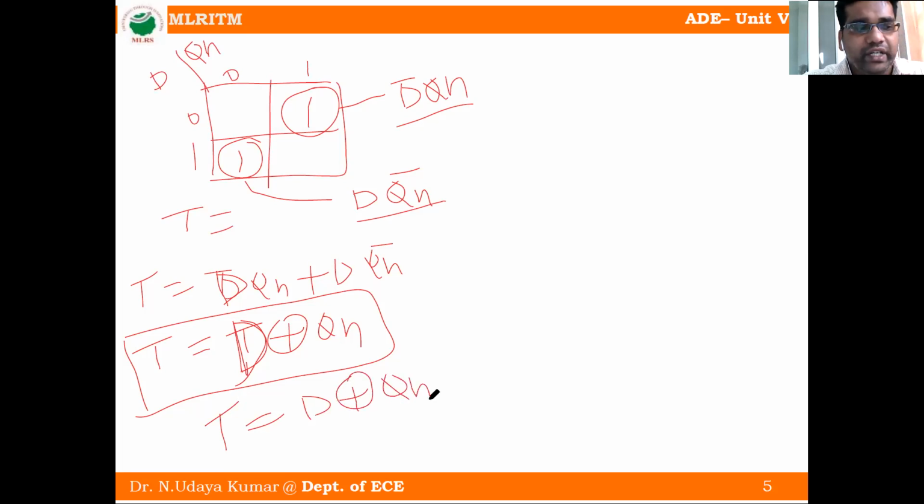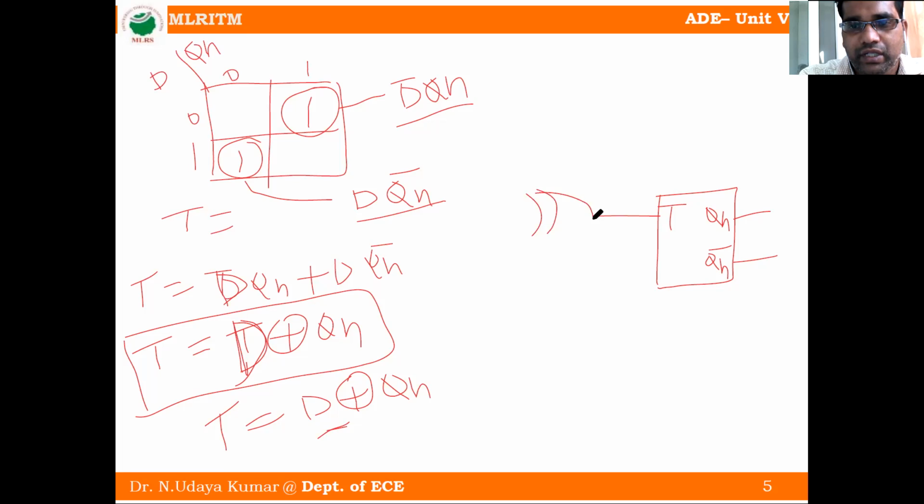Now we have the T flip-flop. So the T flip-flop will be represented like this. This is the T, with Qn and Qn bar. Then what is T? T is equal to D XOR Qn, so this is the XOR gate.